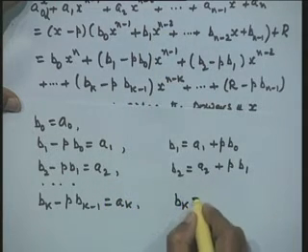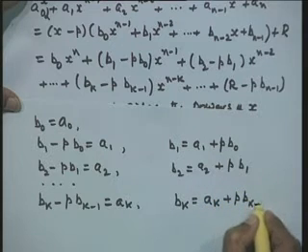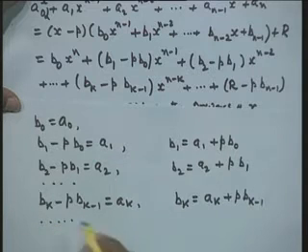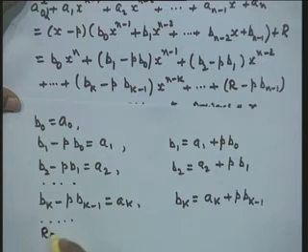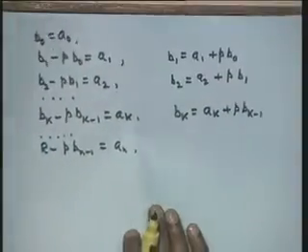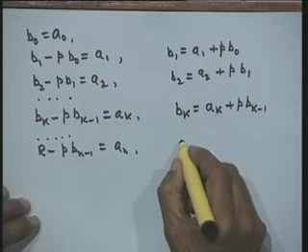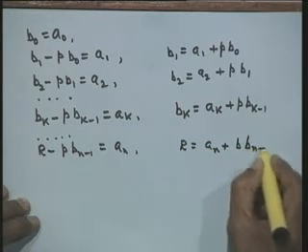Therefore, I can solve for b_k as a_k plus p times b_(k-1). Then the last term, the constant term r minus p b_(n-1), is equal to a_n. Therefore, I get r equal to a_n plus p b_(n-1).